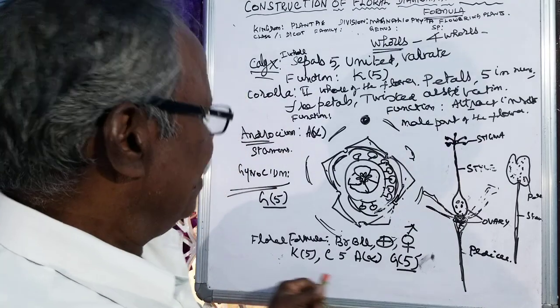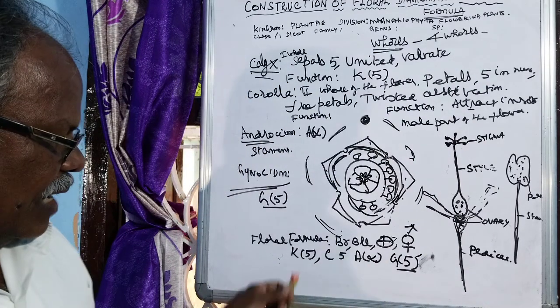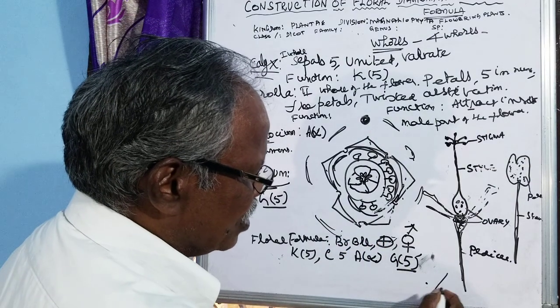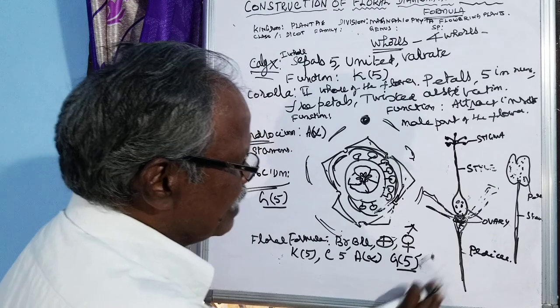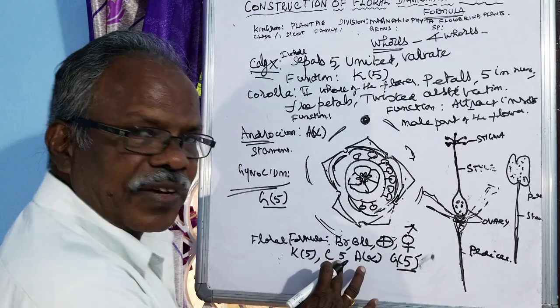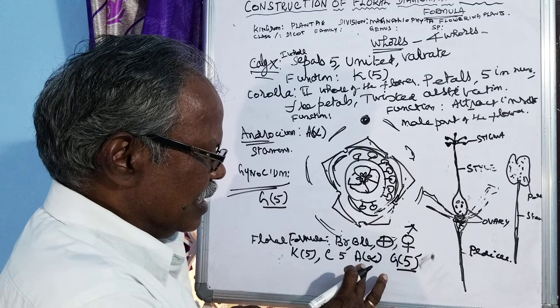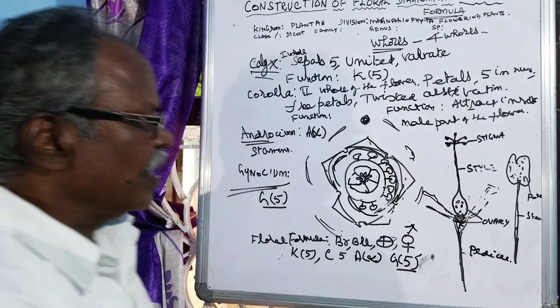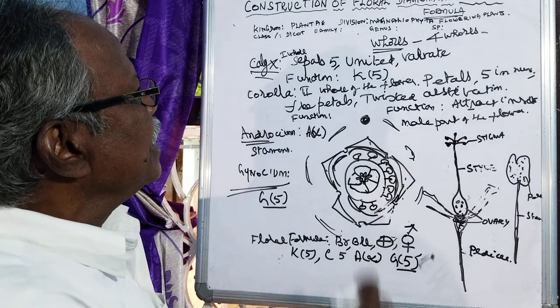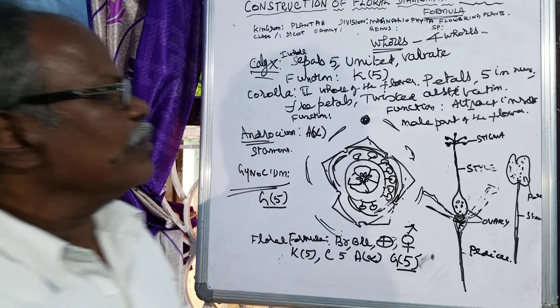So this is the floral formula. K5, BR, BRL, regular. If it is irregular, it has to be placed differently. Then bisexual, K5 within bracket 5, C5 free, androecium numerous, gynoecium 5. So we have completed the construction of the floral diagram and floral formula.